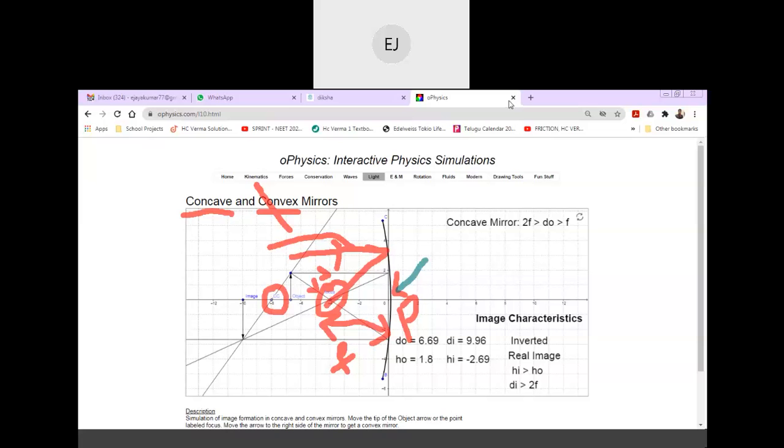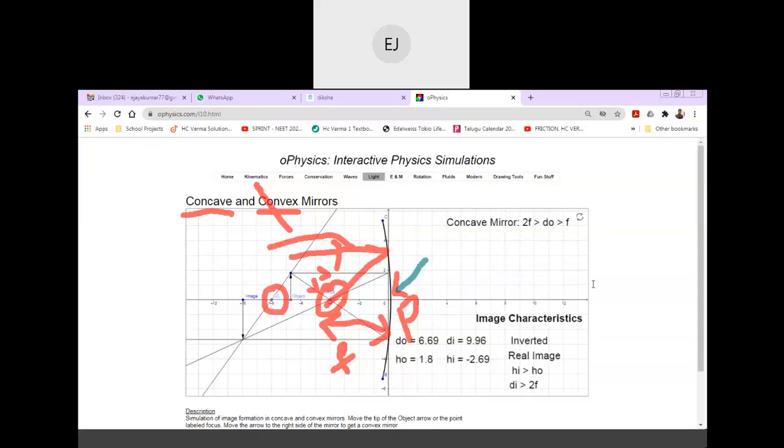Samir's doubt is, sir, can we say that focus is the meeting point of the reflected rays? We cannot say just that. We have to add one more term: it is the meeting point of the reflected rays from incident parallel rays.